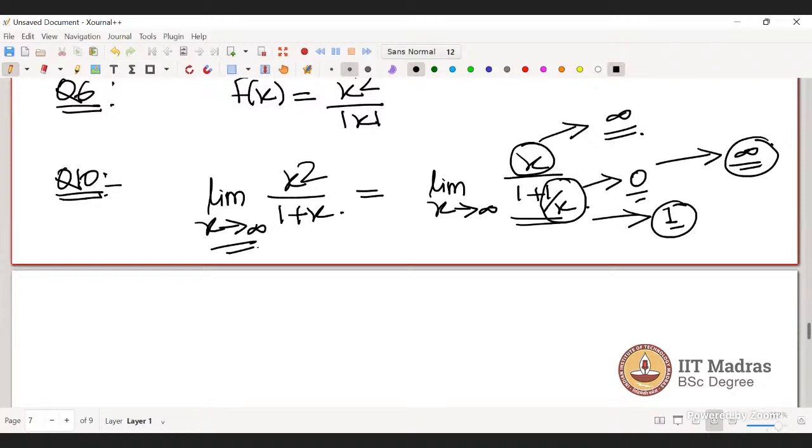Sir, should we take n tends to 0 and calculate the limit? I'm not getting the limit of the sequence. Have you checked the video lecture? Yes, sir, I checked. So how do you compute the limit?